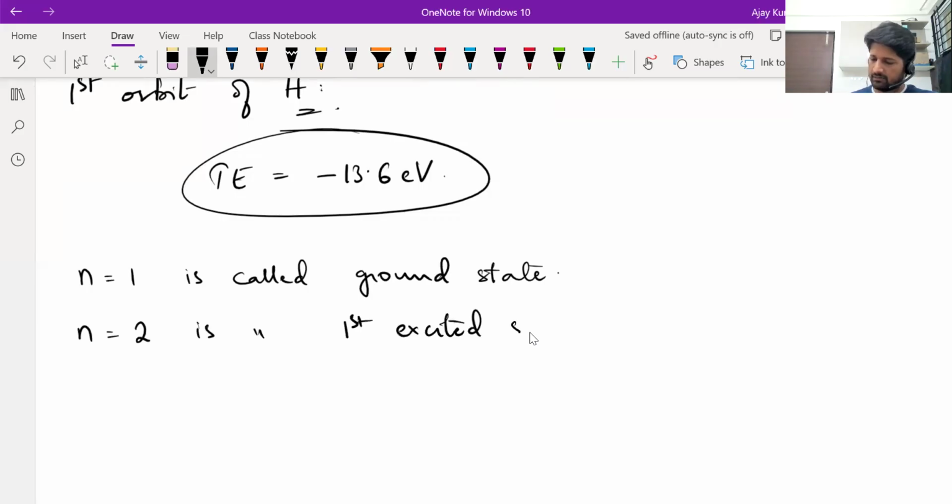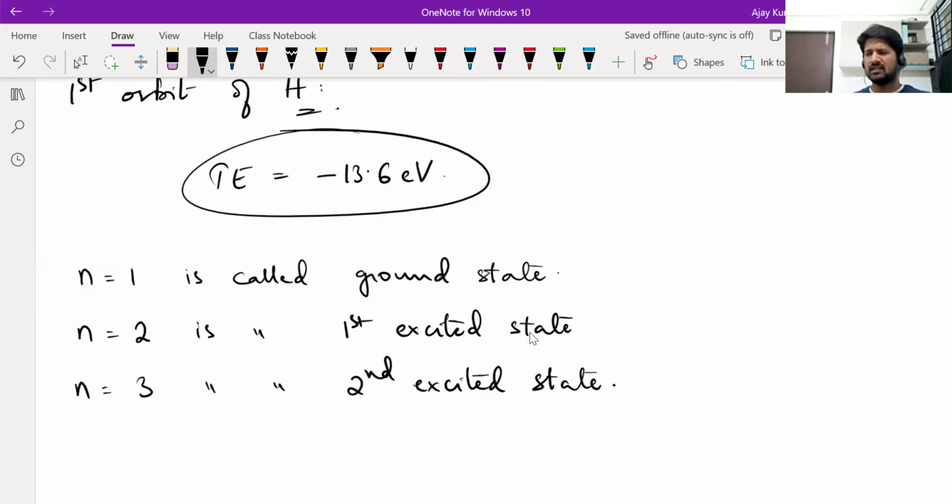Excited means having higher energy than ground. Okay, so n equal to 2 is the first excited state. N is equal to 3 corresponds to the second excited state of the electron, and so on. Okay, getting excited means getting more amounts of energy, right?